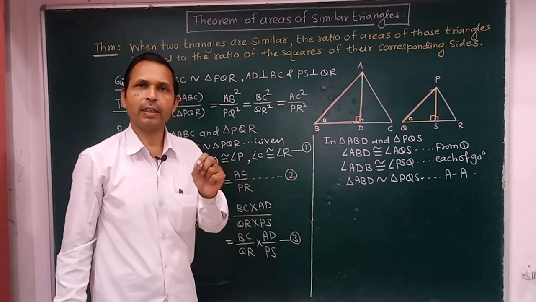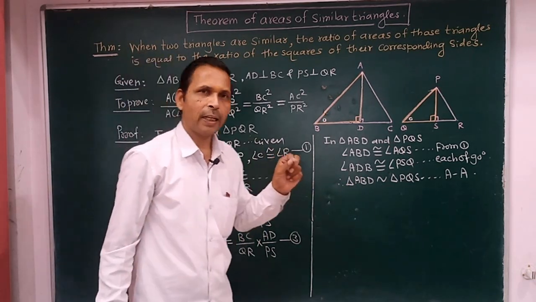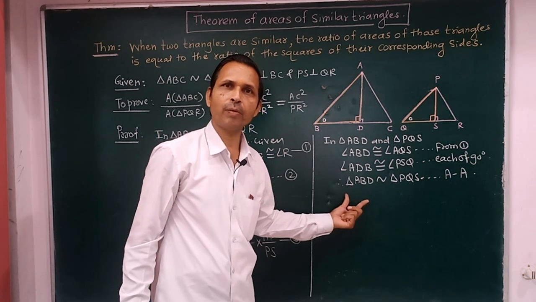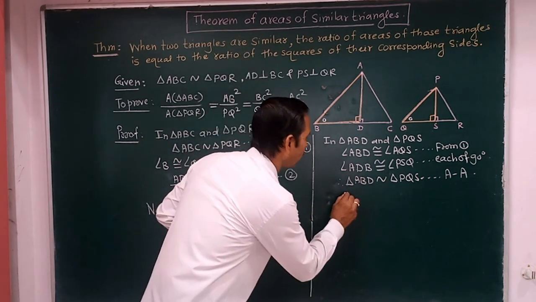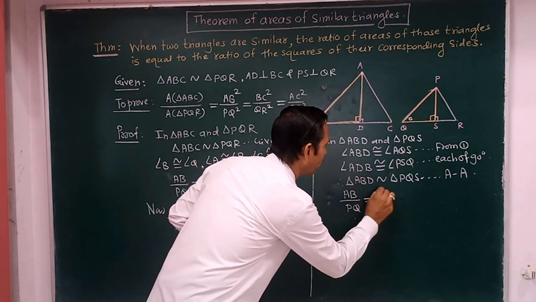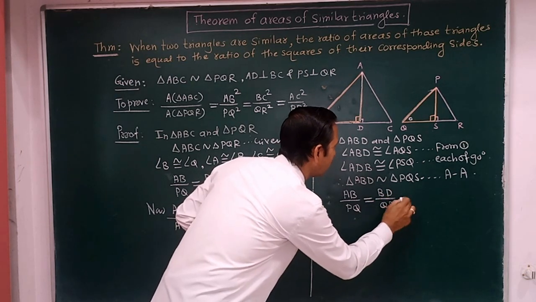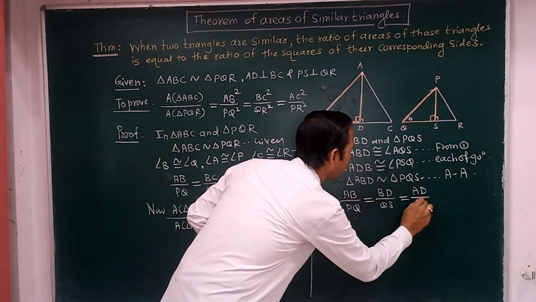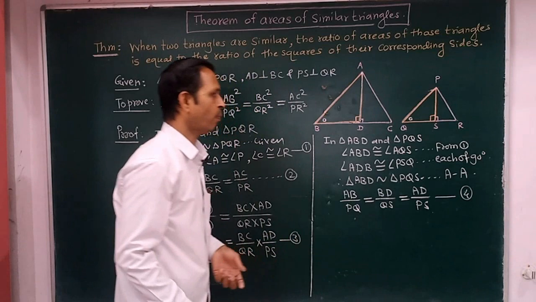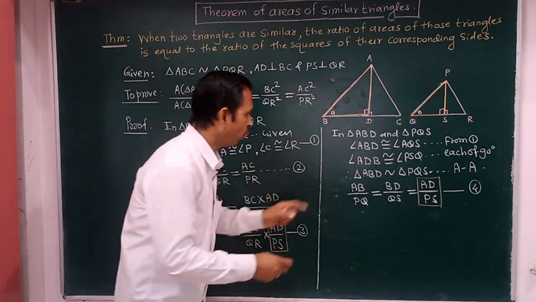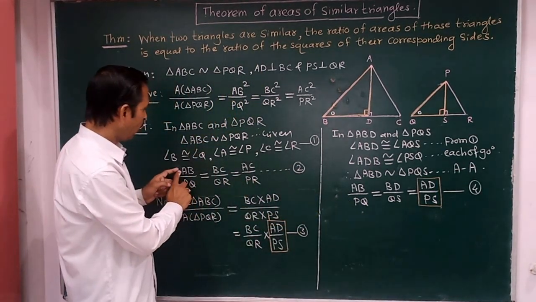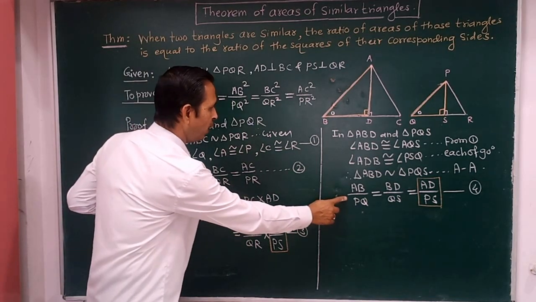Now we know that when the triangles are similar, then the sides of those similar triangles are in proportion. Then write the proportion of these sides: AB upon PQ is equal to BD upon QS and is equal to AD upon PS. Now this is statement number 4. Now from equations 2 and 4, if you observe, AB upon PQ is here also AB upon PQ.